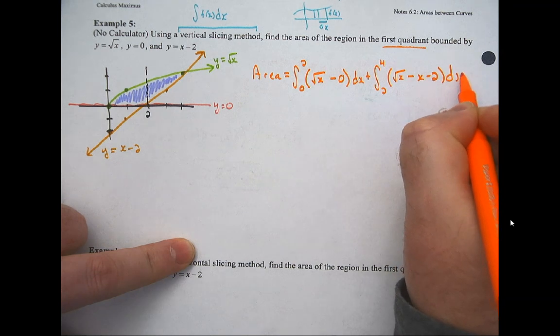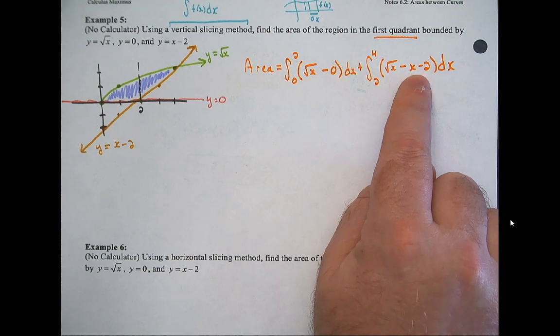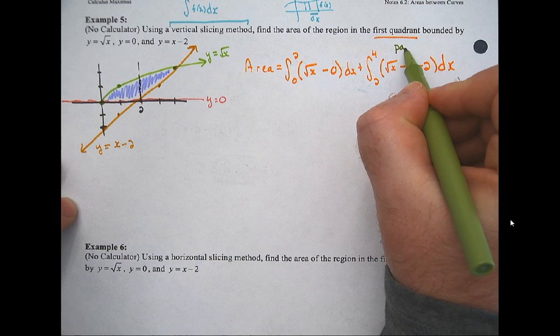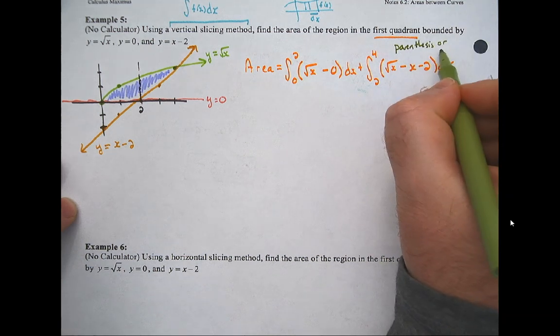How come this is wrong? Error alert. Two things you can do here. You can either use parentheses or distribute.